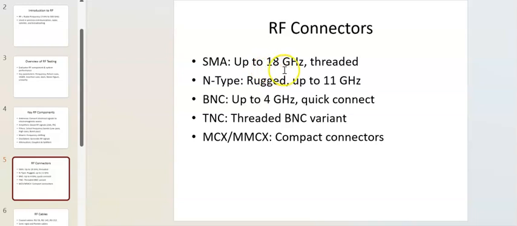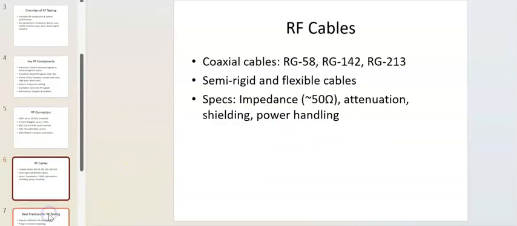SMA is used up to 18 gigahertz, which is a threaded one, screw fashioned, and N type is a rugged one. It is used for frequencies up to 11 gigahertz. BNC connectors are used up to 4 gigahertz, for quick connect. And TNC is a threaded BNC variant, also similar to BNC.